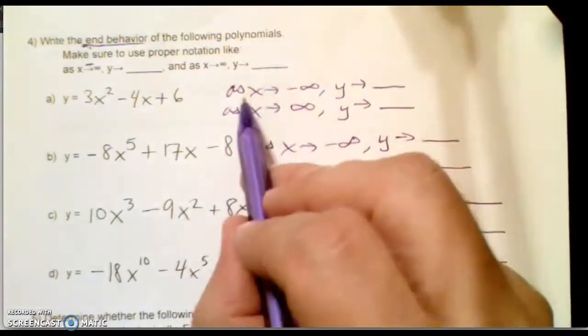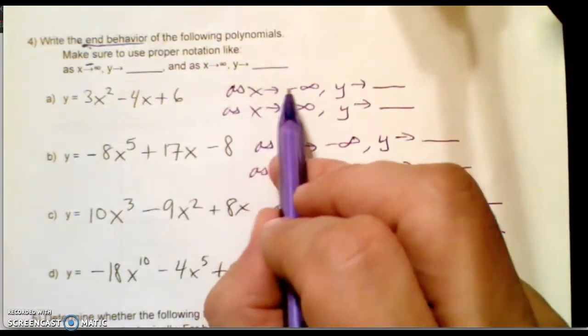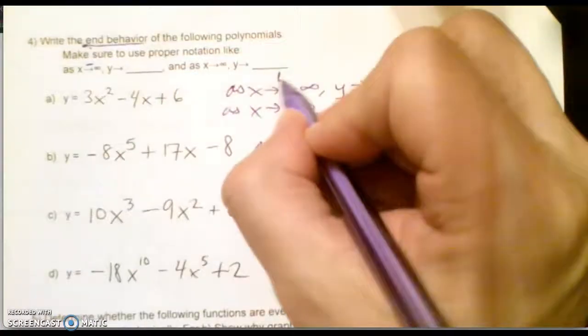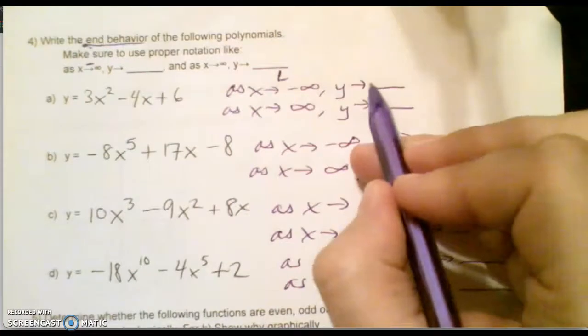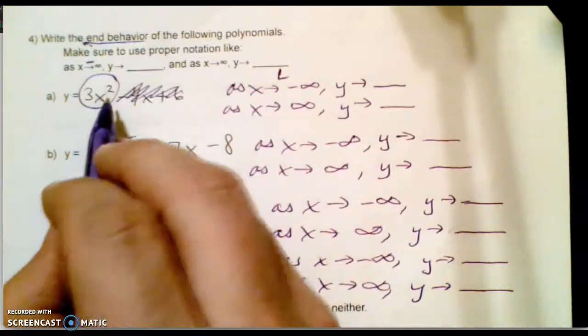And basically, this says as x goes to -infinity, so as x goes left, what do my y's do? And if you look at the first term, these don't matter. If the power is even, it either looks like this or this.